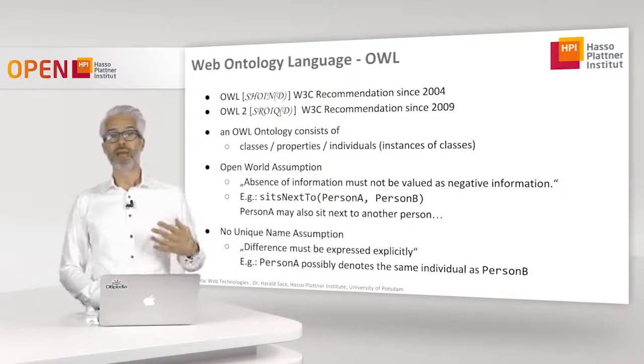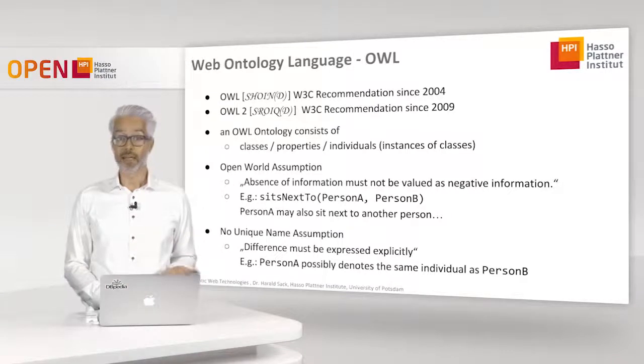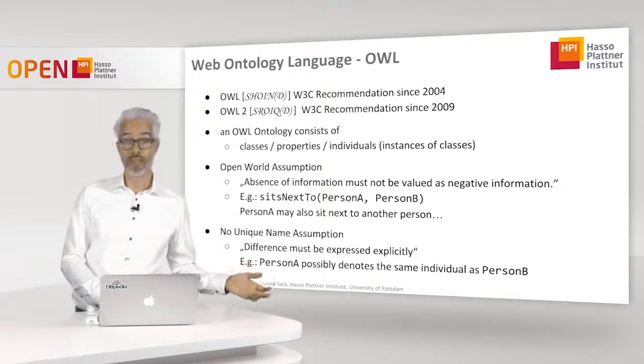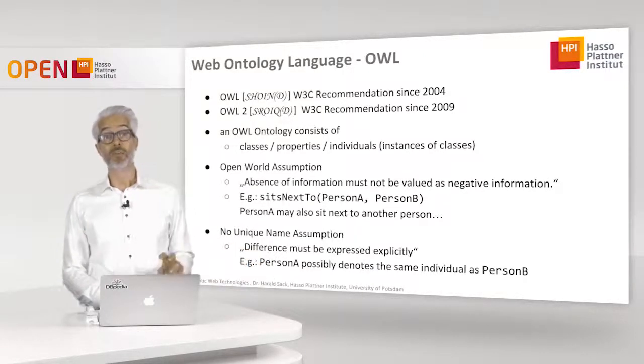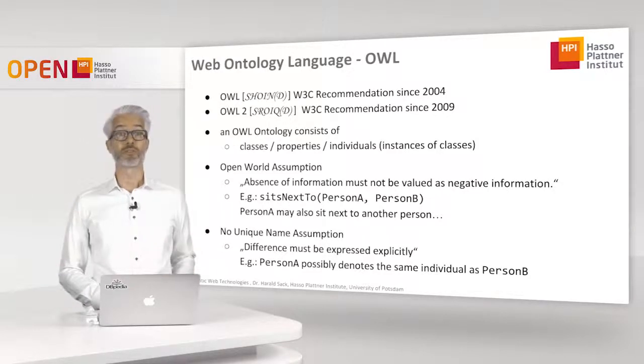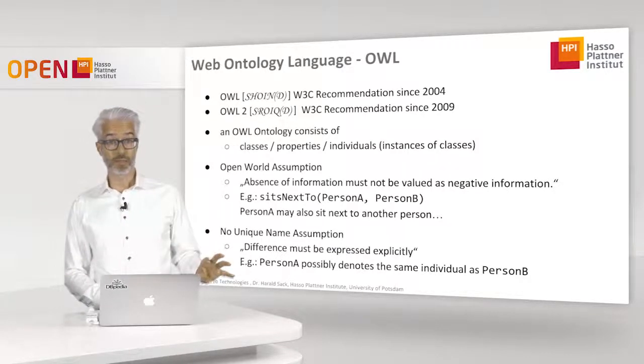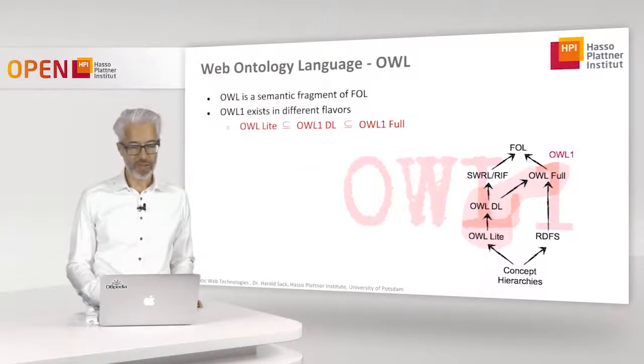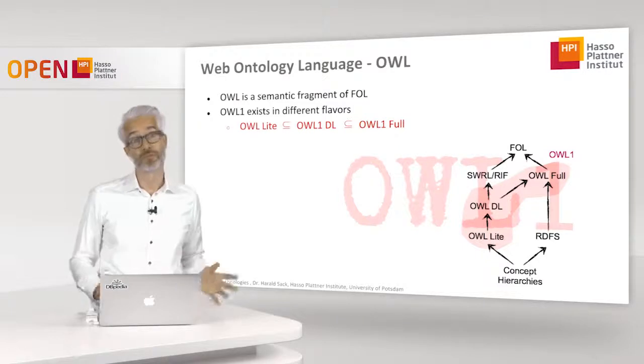So person A possibly denotes the same individual as person D. If not, it must be expressed explicitly that person A is not the same as person B. So remember, for OWL, because it's a description logic, the open world assumption holds as well as the no unique name assumption.